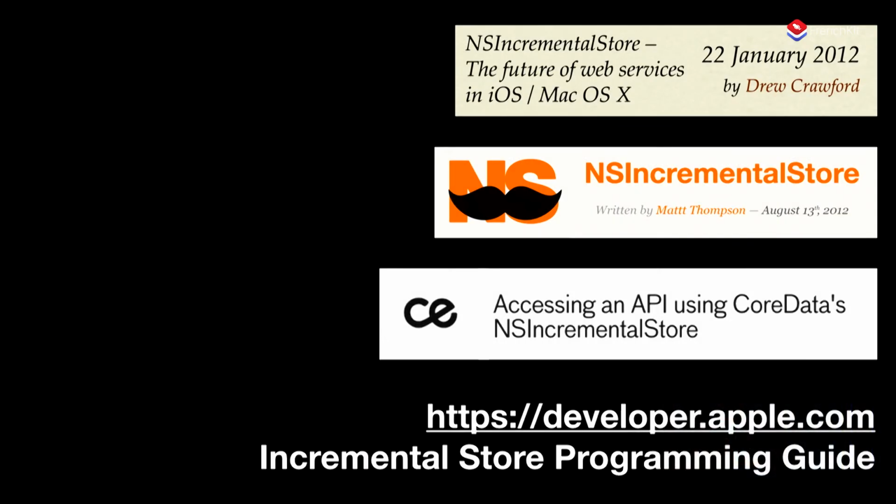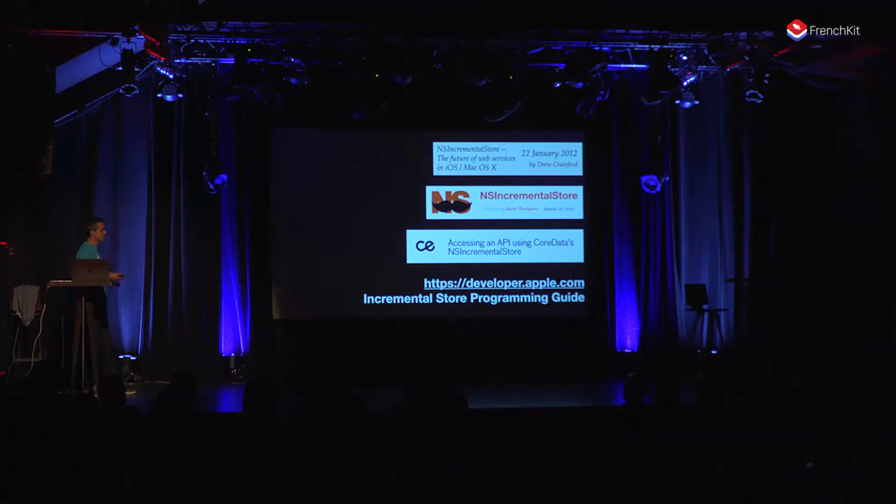And there have been quite good articles written about these APIs. I recommend going through them. The Incremental Store Programming Guide, I think if you start directly there, it's quite challenging to understand what's going on. So as you familiarize yourself with the APIs, then definitely use the programming guide. But these articles are really great.